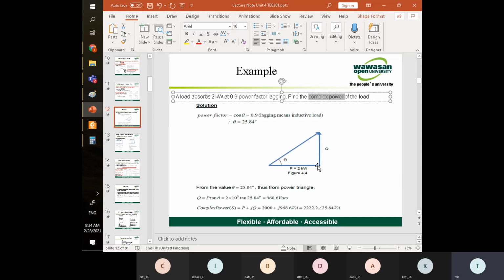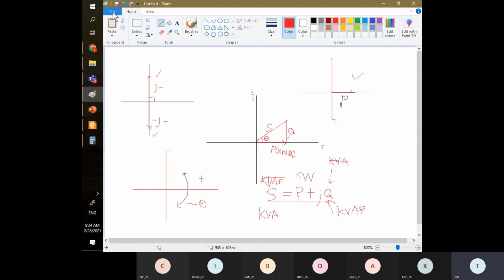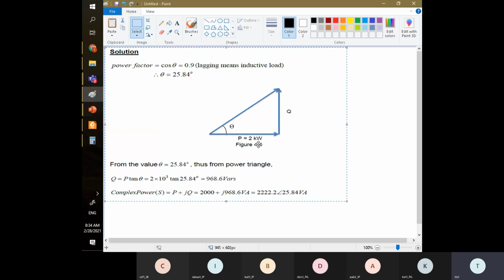Taking P times tangent theta, we can calculate the reactive power is 900 something. So you can represent this complex power, this longest line, called S here. Here is S, here is P, here is Q. So we write the whole thing here. We know P first.